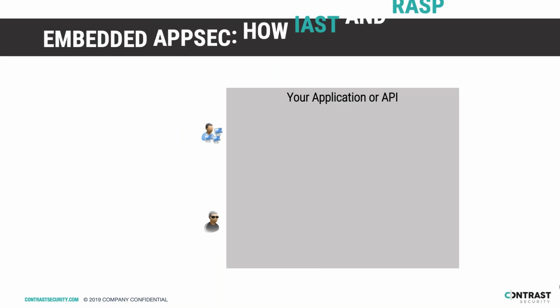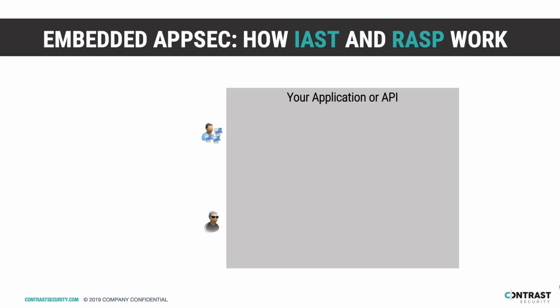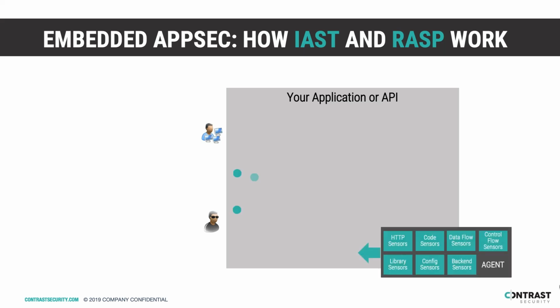So the idea on how we can get there, the transformative idea here, is to embed application security into your applications themselves. And I want to talk about a platform that does exactly that. What Contrast Security does is we have agents that deploy sensors inside the application runtime environment.